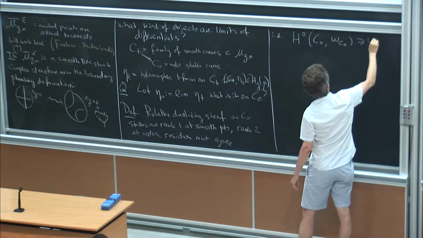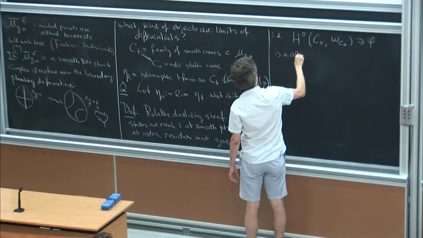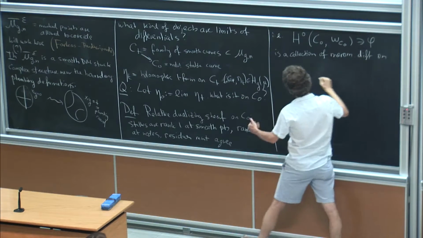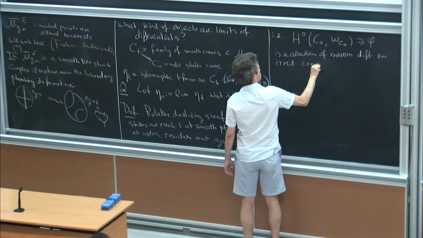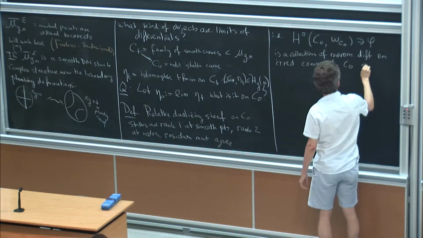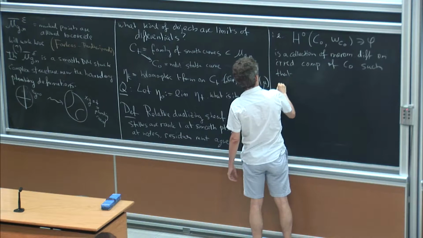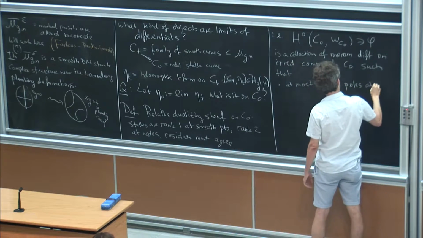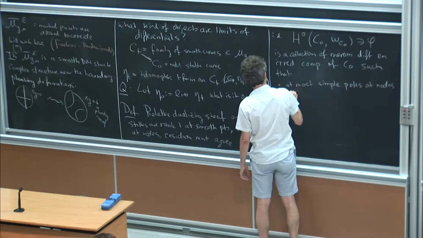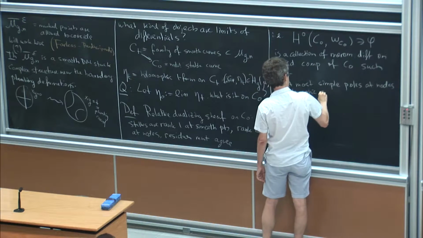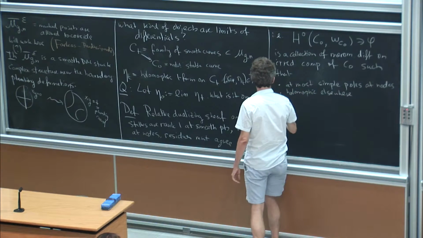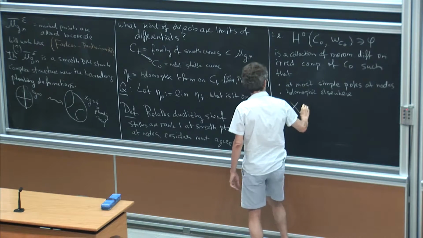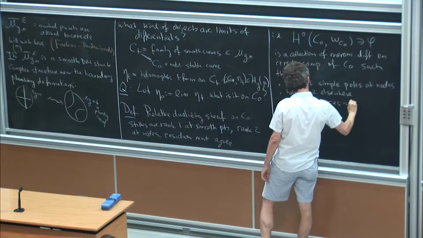An object phi in here is a collection of meromorphic differentials on irreducible components of C_node such that at most simple poles at nodes, holomorphic elsewhere, and if I have a node that looks like that, and this is a component, so the residue plus the residue is 0. Okay, make sense?